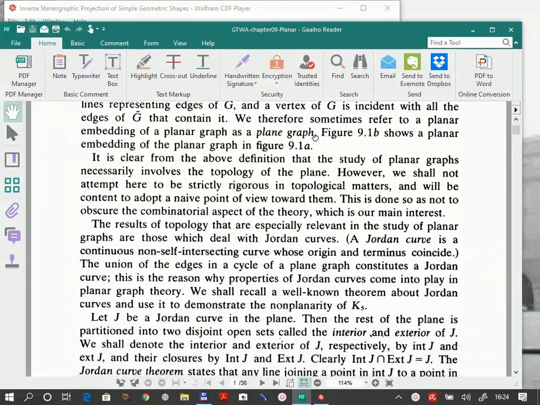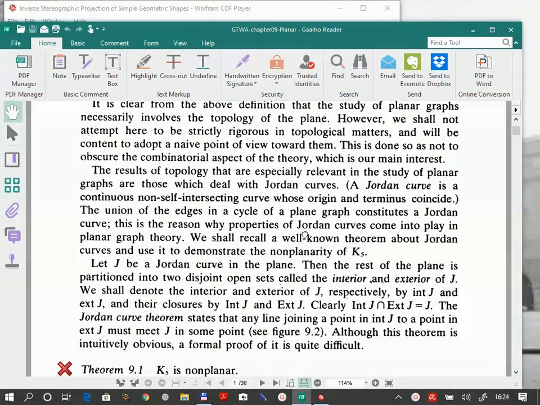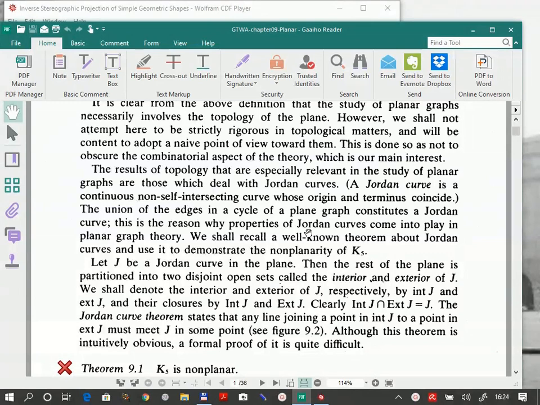I will not use Jordan curves in the proofs, but still let me mention this because it was a sort of a surprise, more or less 1 century ago, a little bit more, that it was not immediate to prove something which is very intuitive, which is this.